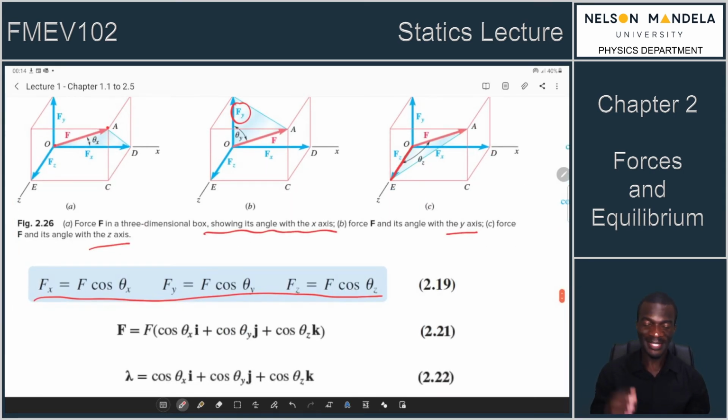Now, if we think about these components in terms of unit vectors, the force F has its magnitude F. But we know that the x component is cos theta x. We know that the y component is cos theta y, and so on and so forth. So this force at the bottom here is simply Fx plus Fy plus Fz.